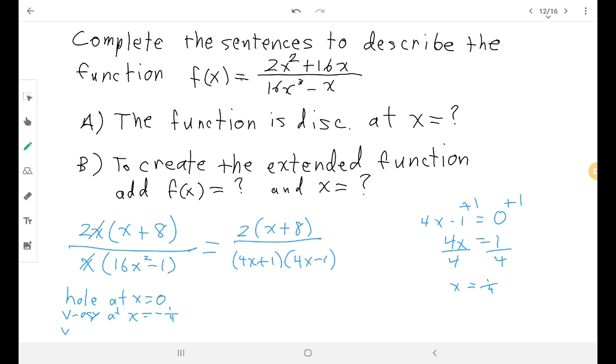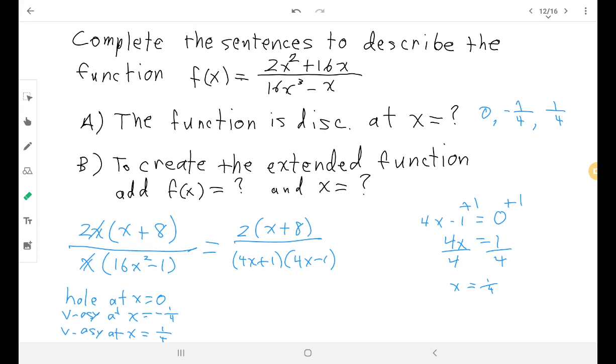And so there's another vertical asymptote at x equals positive 1/4. So the function is discontinuous at 0, negative 1/4, and positive 1/4. Those are all the different discontinuities that show up. So there's part of it.